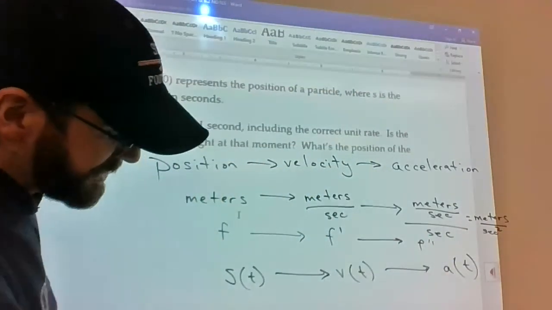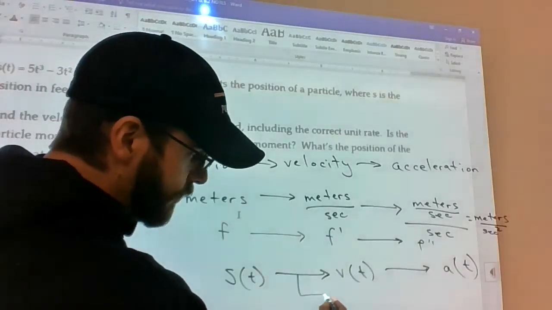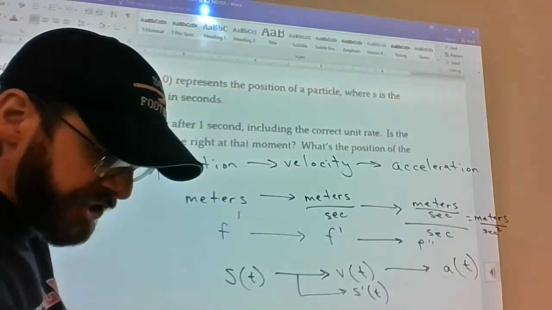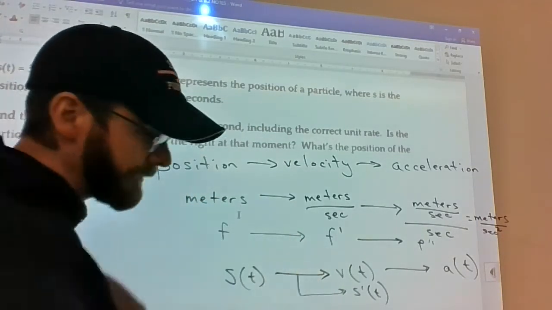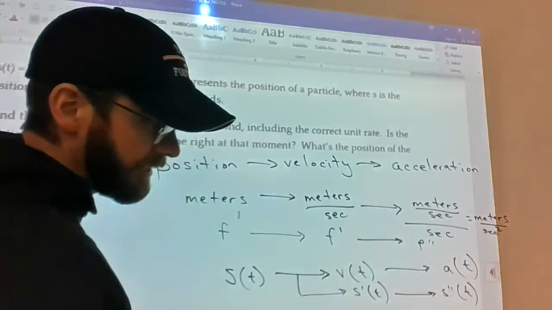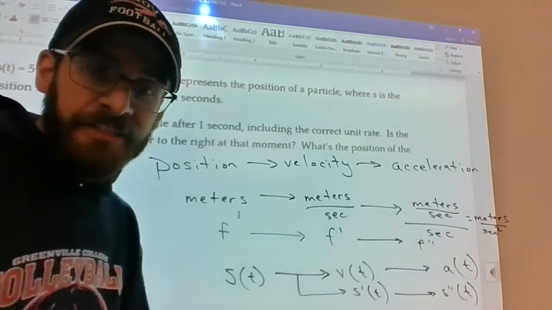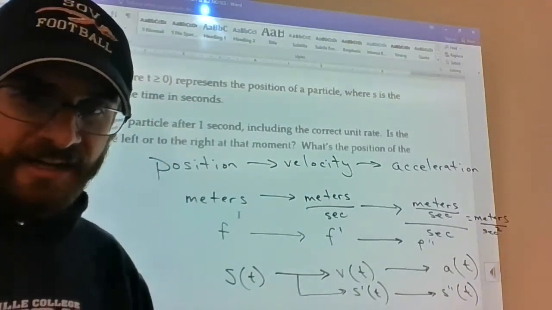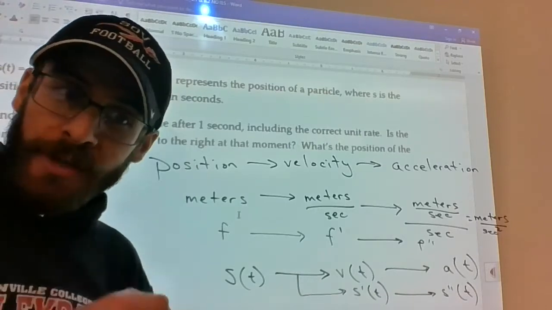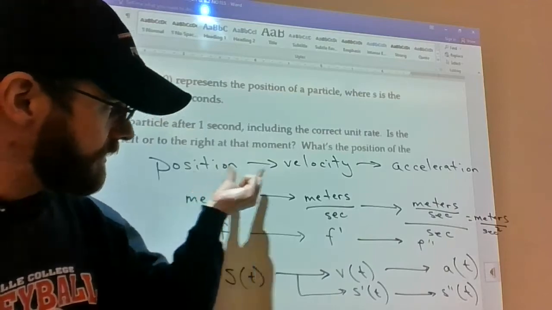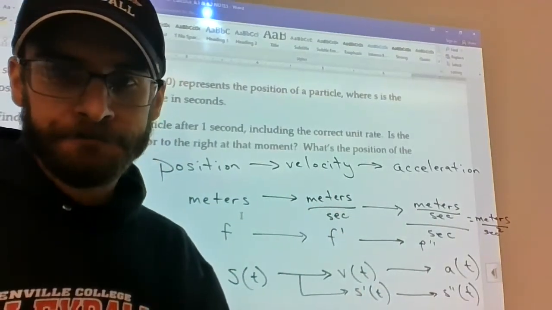Velocity is also known as s prime of t. If I take the derivative of position, I get the velocity. If I take the second derivative of position, I get the acceleration. So that's the overarching relationship between position, velocity, and acceleration. If I take derivatives, I can move down from one to the next.